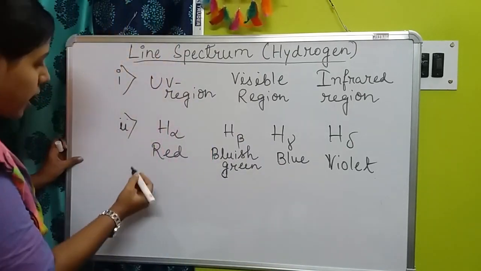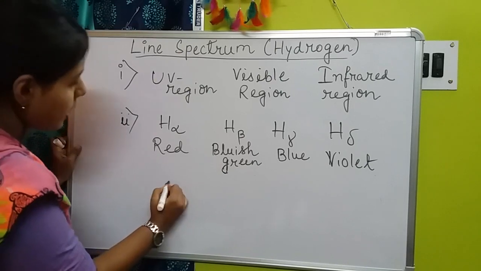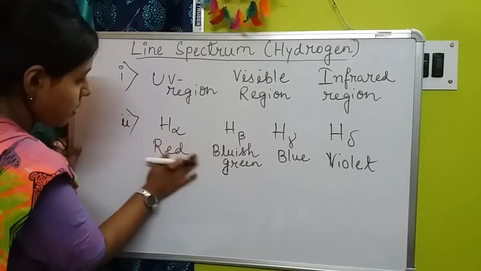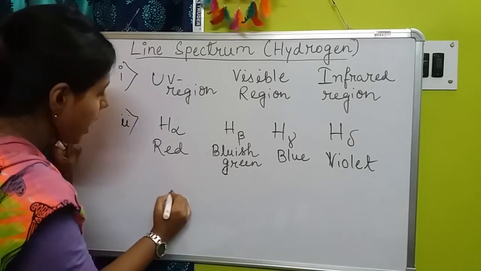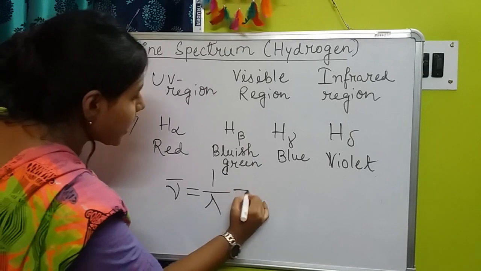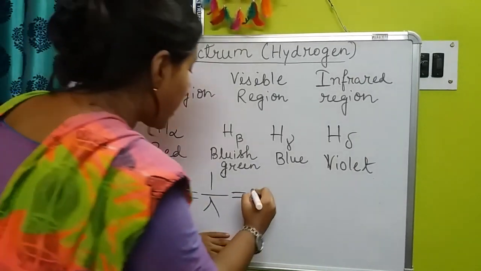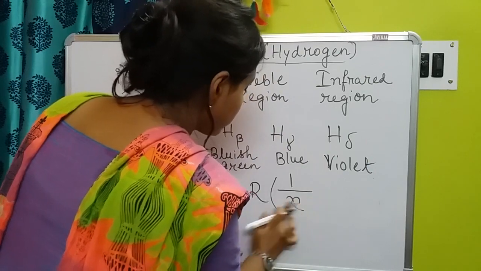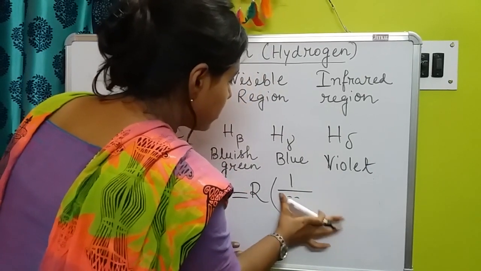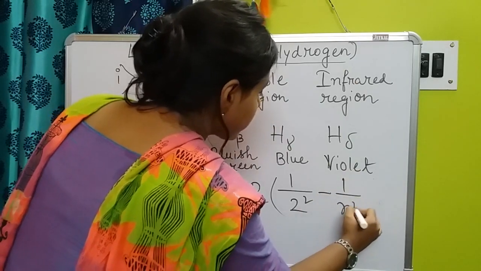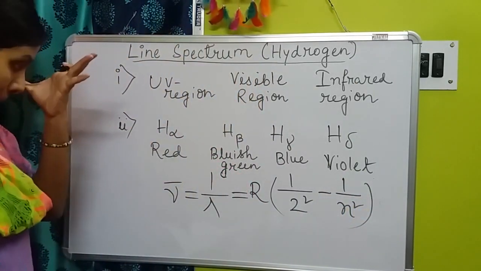According to the equation, the wave number nu bar is equal to 1 by lambda is equal to capital R into 1 by 2 square minus 1 by n square.